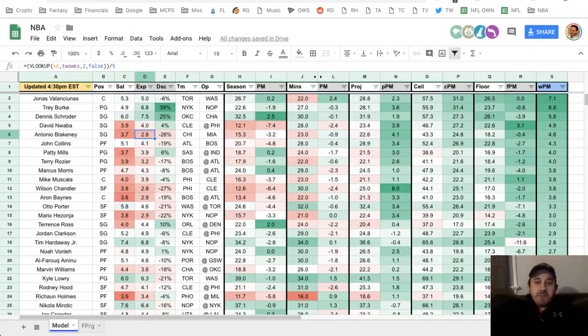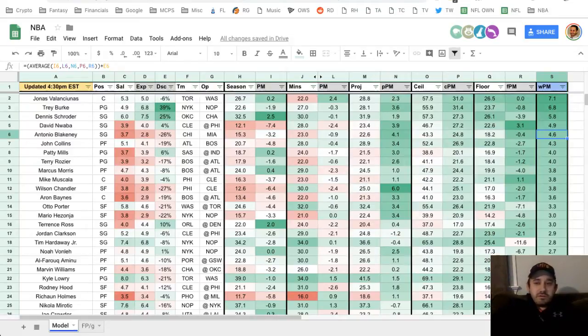So even though he pops up on here as a nice 4.6 weighted plus minus, his expected salary is $2,800. So he's really more of a guy who is only rosterable when there are a lot of injuries. And even then, you got to hope that he gets into the rotation and the game script kind of goes in his favor.